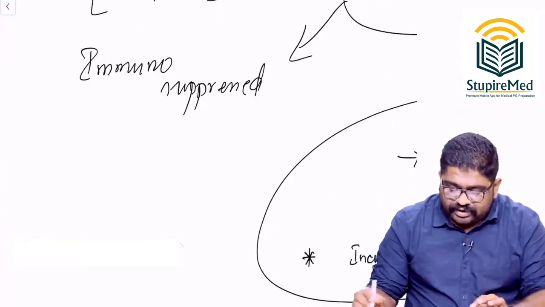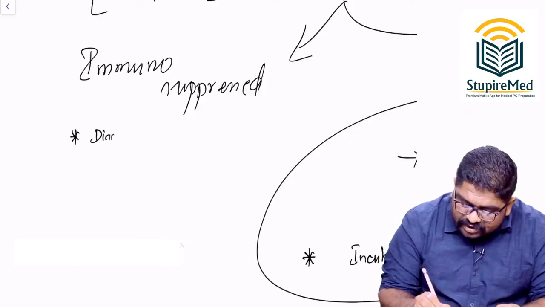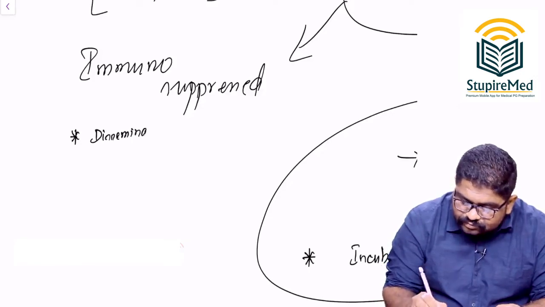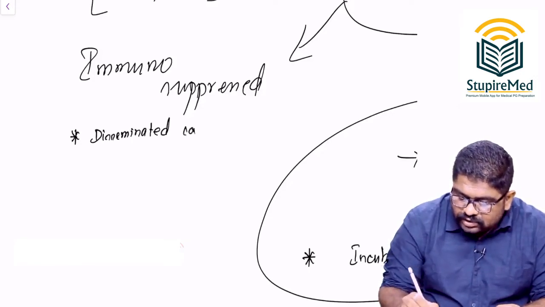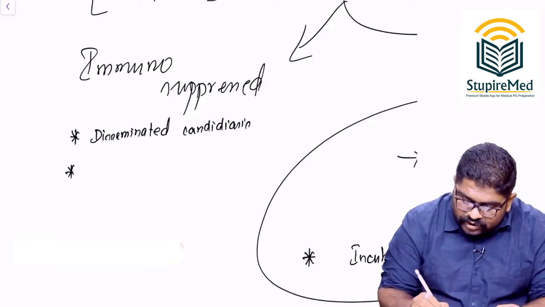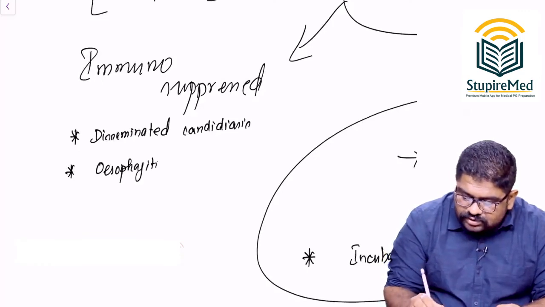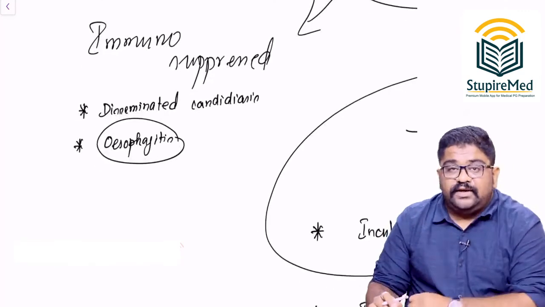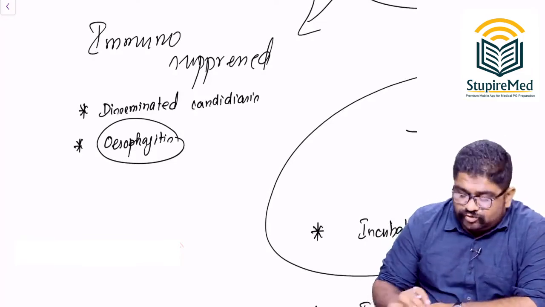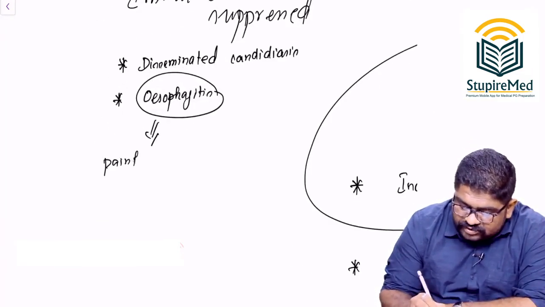If the patient is immunosuppressed, the organism has a unique way of dealing with it. It can cause disseminated candidiasis. Also, it can cause esophagitis. This is called esophageal candidiasis or candidal esophagitis, which can be a very painful form of esophagitis.